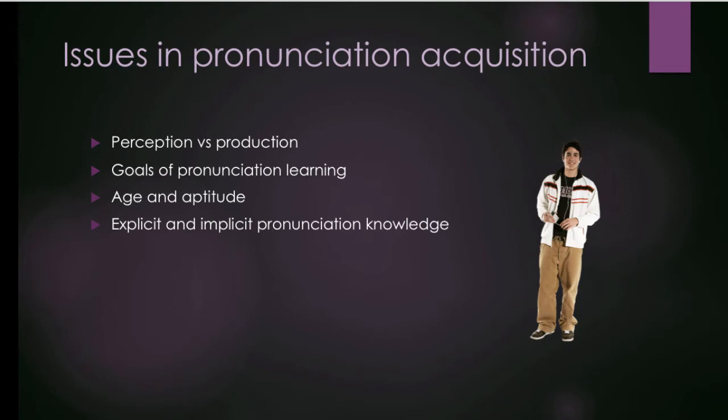So Loewen goes on, towards the end of page 120, to say that, as has been stated in reference to other aspects of language, instruction can help in the development of explicit knowledge. That you can actually learn about the target language sounds. But I think some things are quite difficult to learn explicitly, and you actually might need to develop implicit knowledge.